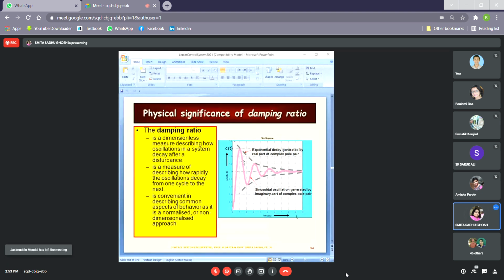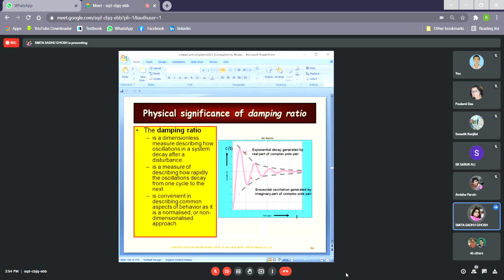It does not refer to time over here. So from one cycle to the next cycle, how much decay has taken place is what would be indicated by the damping ratio, irrespective of the scale that you have on this side.